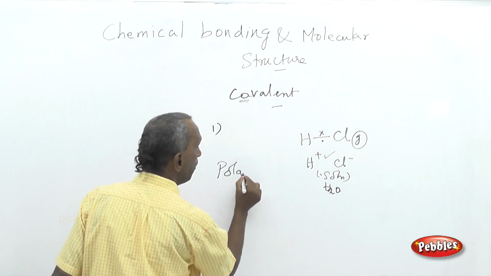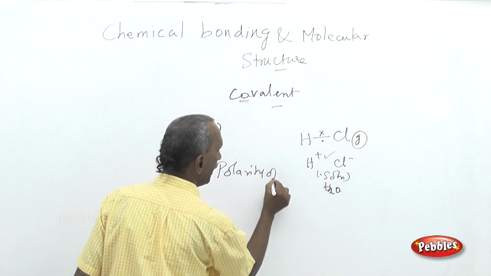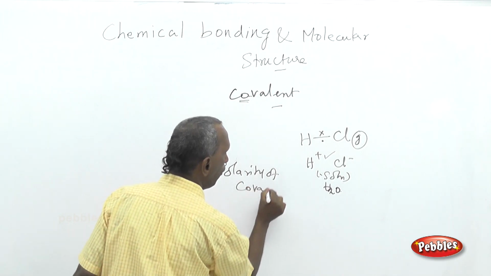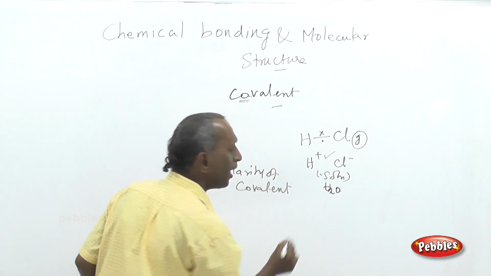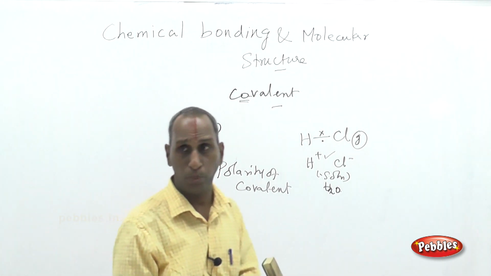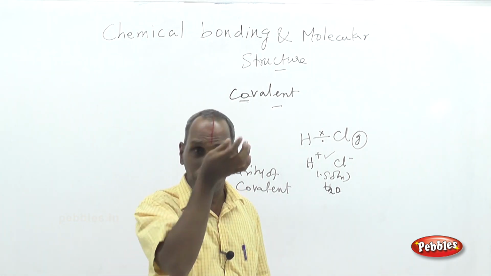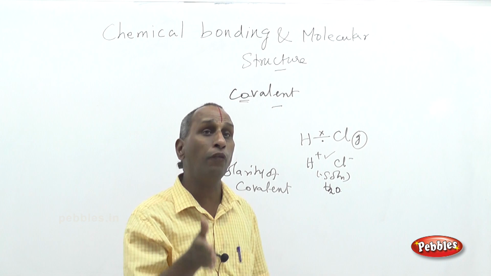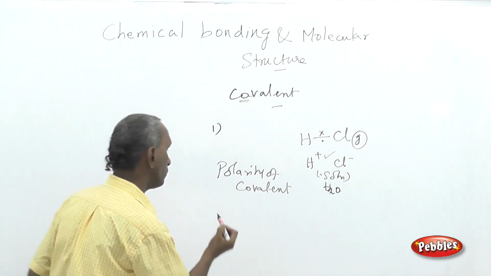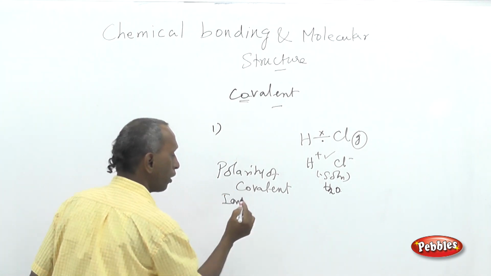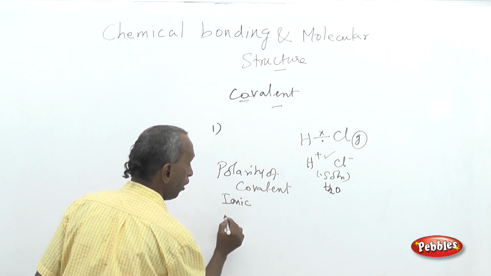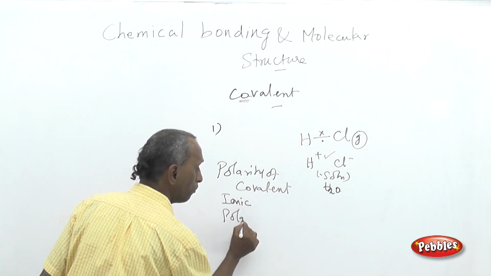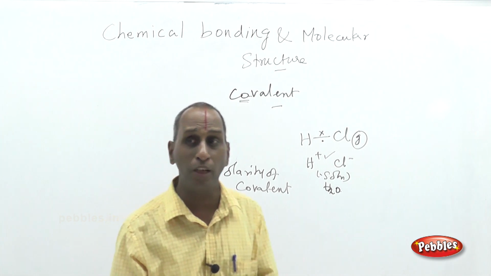In other words, we have to recall a concept called the polarity of covalent bond. The term polarity has to be carefully distinguished from the term ion. Compounds are of two types, polar compounds and ionic compounds. What is the difference between the two?